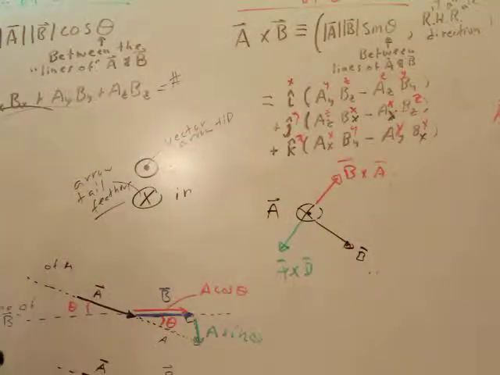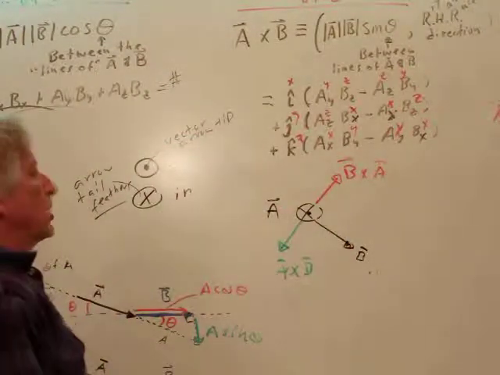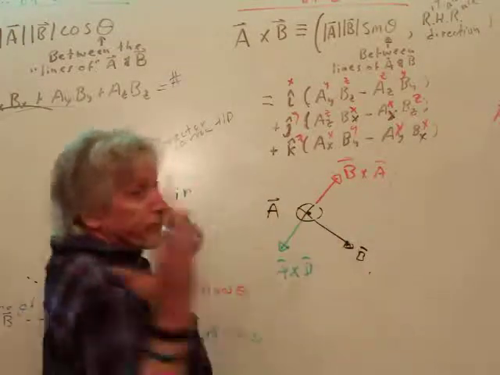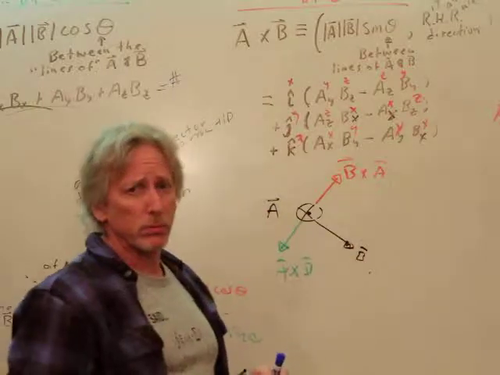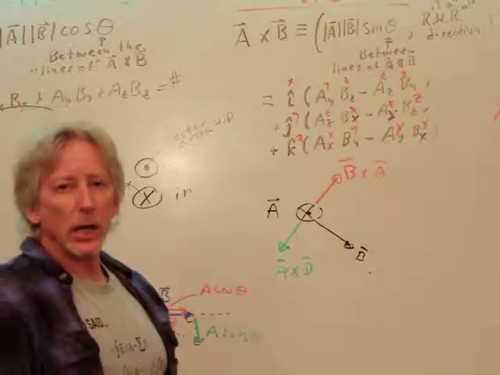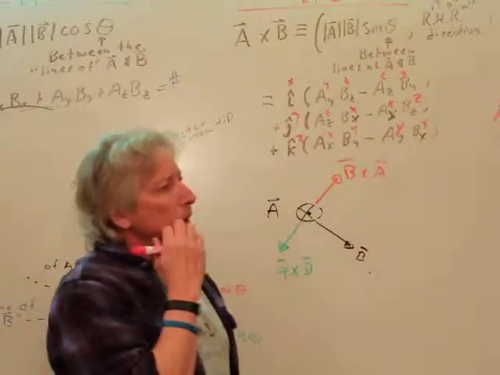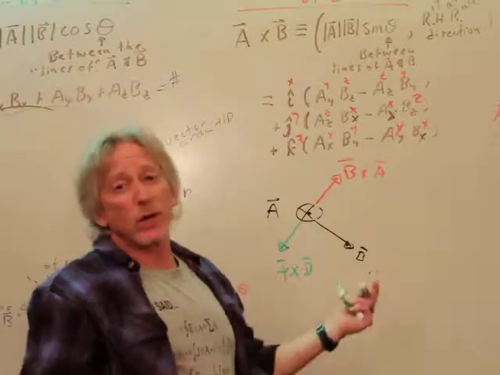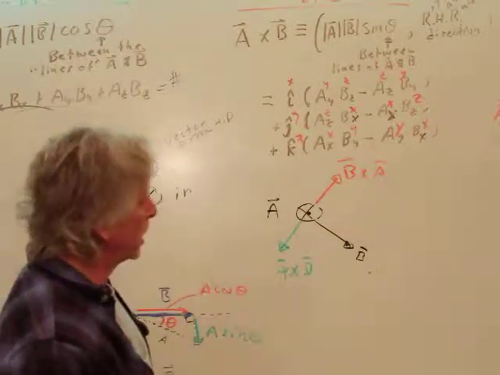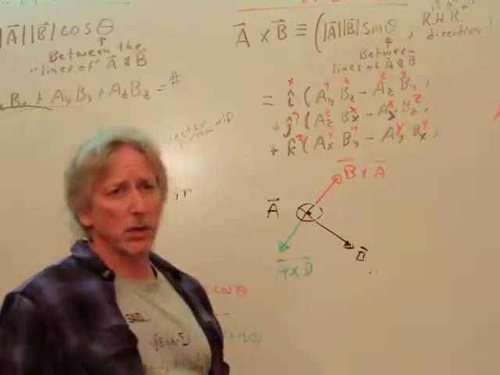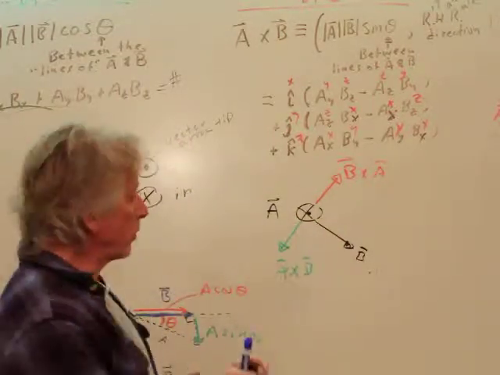So that's what we mean by the right-hand rule. Direction, you can do it this way, and you get the answer, which is consistent with your component form. But yuck, the component form, you just don't do it unless you have to. This way is kind of nice, and that gives you the answer. And again, the result is always perpendicular to the plane formed by these.